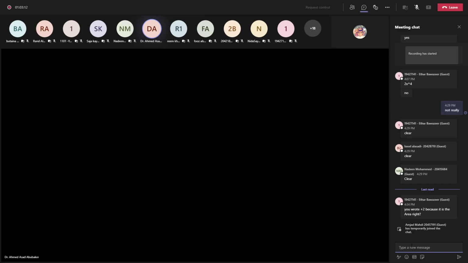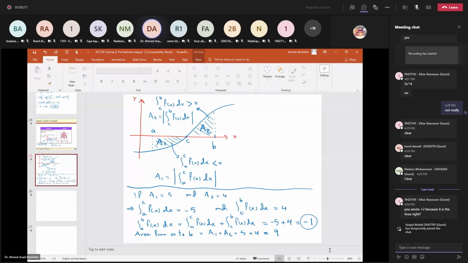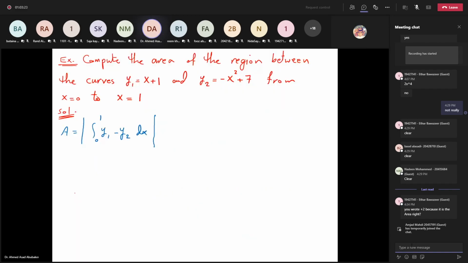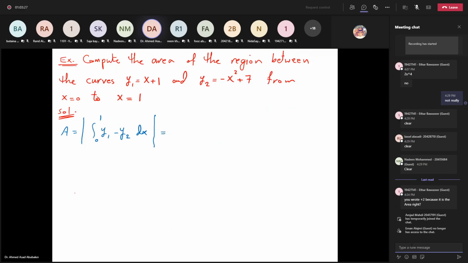With absolute value, we have the same result, okay? So this is equal to the absolute value from 0 to 1 of y1, x plus 1, minus y2, negative x squared plus 7, dx.